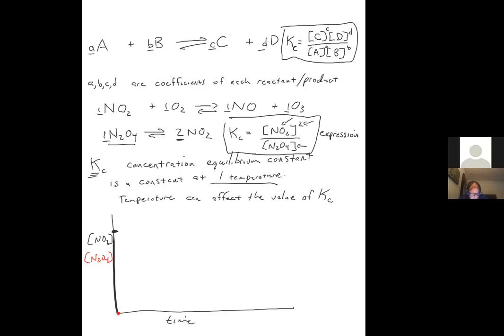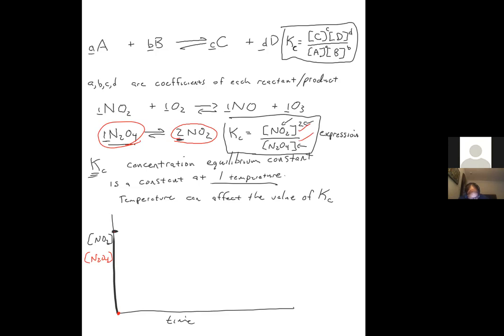Okay, what we would say is that over time, NO2 is going to, it depends how I write the equation, so let me write out the equation here. Oh, no, we can do it this way. That's perfectly fine. Okay, so NO2 is right here. So we have some amount of this, and the N2O4 is over here. That's 0. What we would claim is that K is some value, so there has to be a certain amount of each once it reaches equilibrium.